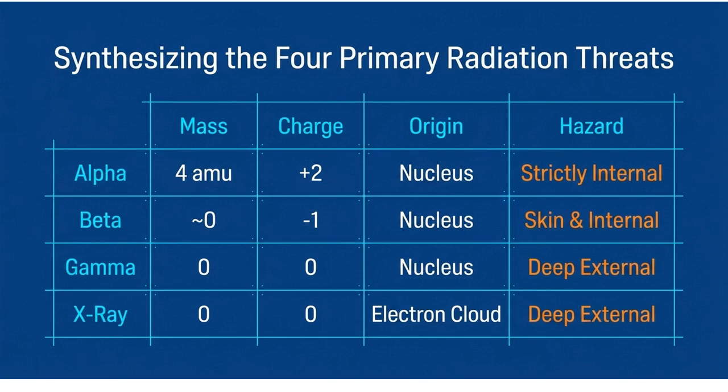Beta has near zero mass, a minus charge, and presents both a skin and internal hazard. Gamma and X-rays both have zero mass and charge and represent deep external hazards. However, gamma originates in the nucleus while X-rays come from the electron cloud.